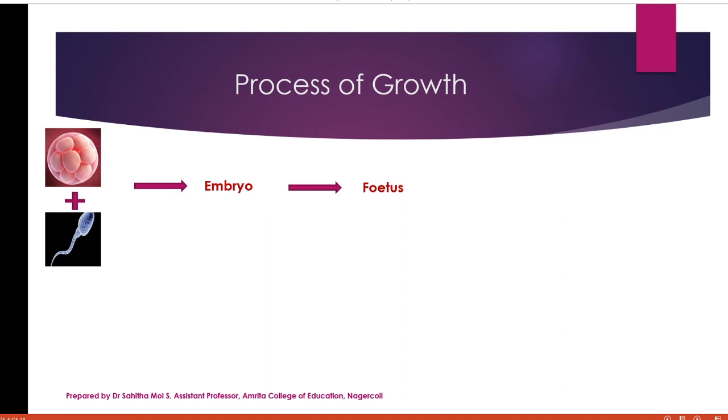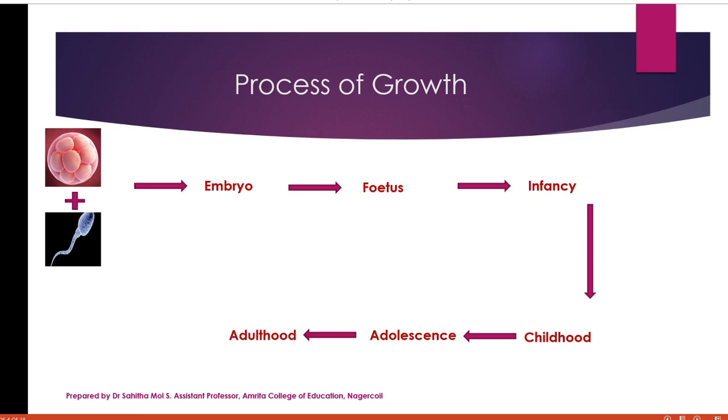At this time, we call this the infant. A child then slowly becomes a youth, then moves to adult, and finally an old person. This is the process of growth.